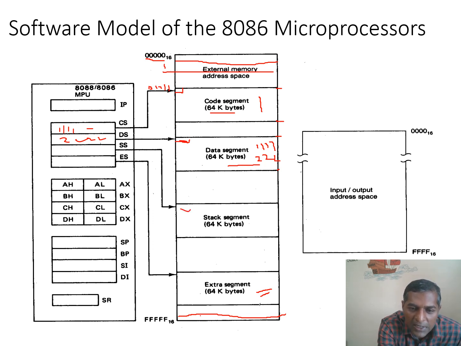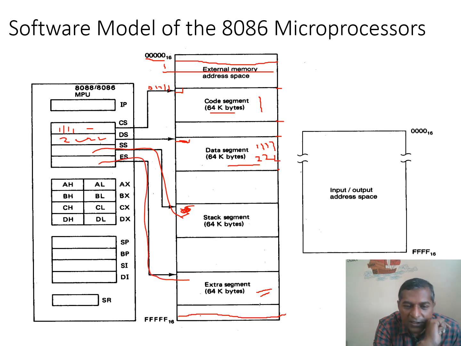Same, the starting address of the stack segment will be collected and stored in the stack segment register. Same as the starting location of the extra segment is also stored in the extra segment register. So this is how we will be able to access these segment registers very easily.